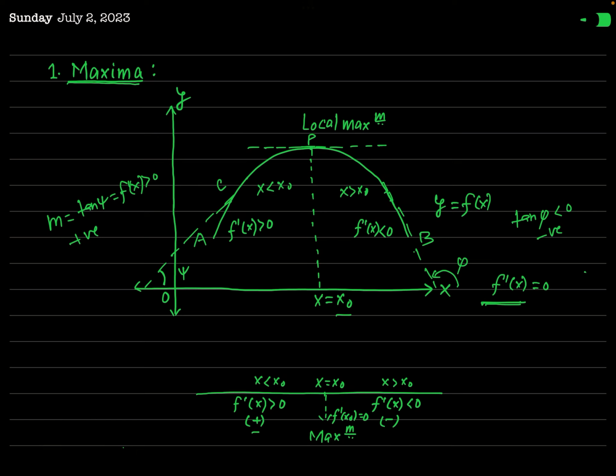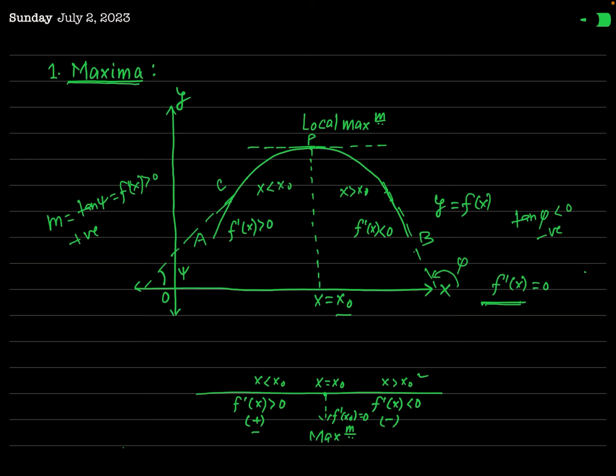When we cross this point x naught and go into the region where x is greater than x naught, f dash of x becomes less than 0, that is negative. Then you can say that at x equal to x naught, our function has a maximum value.